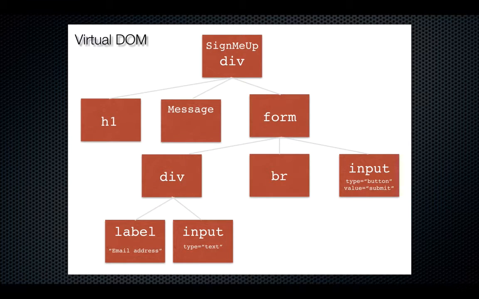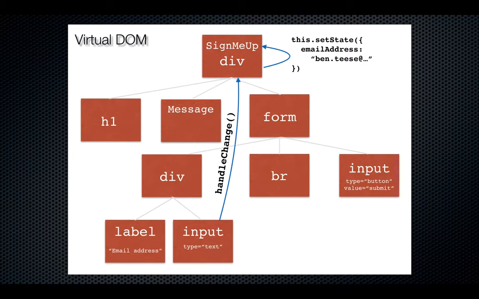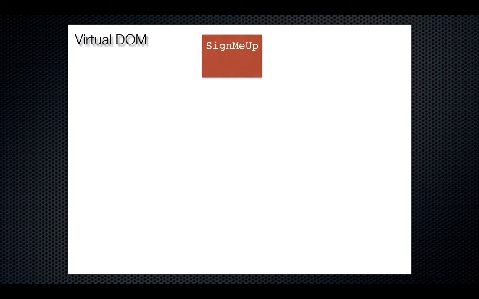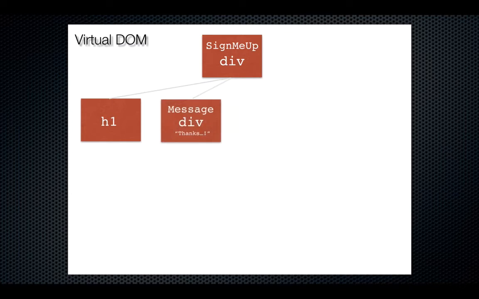So if I was to walk through this cycle, a handle change event goes from the input up to the sign me up component. It calls setState on itself with the email address. And the sign me up component says, right, I'm completely invalid now, I'm going to have to re-render myself. First thing it does is create its top level div, then its h1.